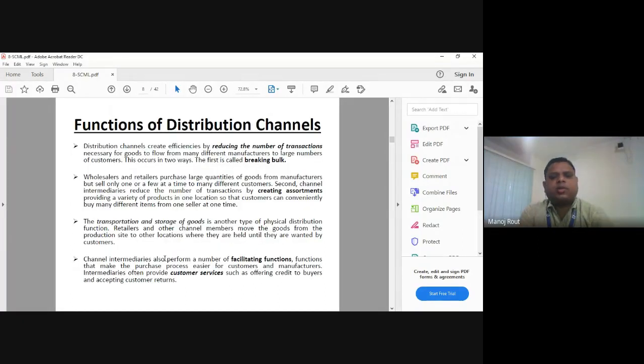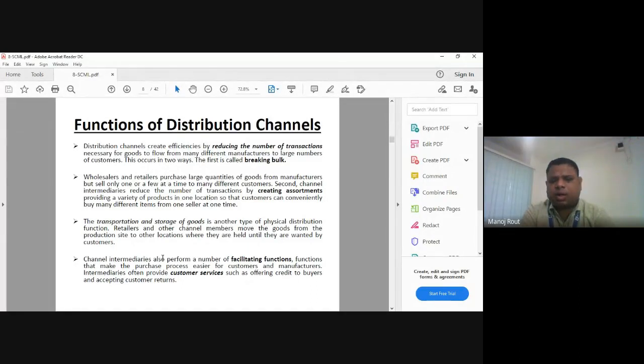The next function of the distribution channel is that it creates efficiency by reducing the number of transactions necessary for the flow of goods from many different manufacturers to a large number of customers. This occurs in two ways. The first is breaking bulk. In supply chain management, a larger number of strategies are applied, but in a distribution channel, only a few strategies are applied.